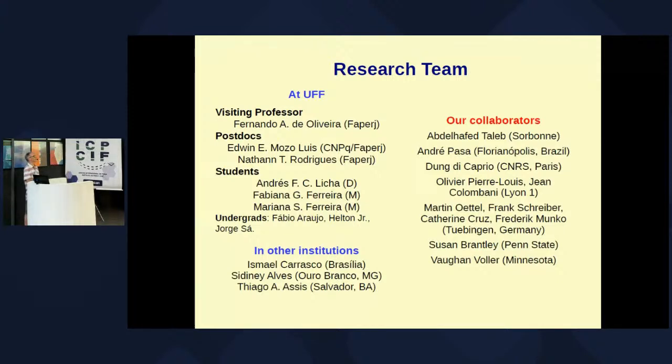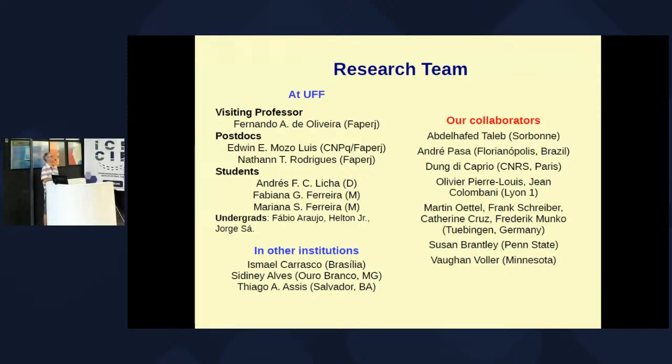And Fabiana and Mariana, they are taking the master's in the biosystem engineering course. Their works are on environmental education programs, and 3 undergraduate students working along similar lines.